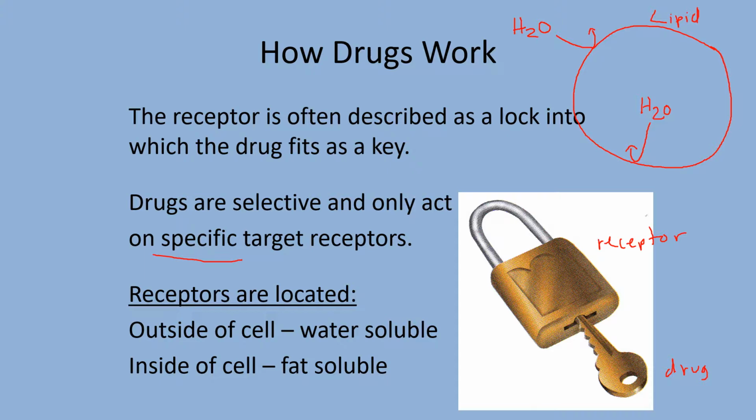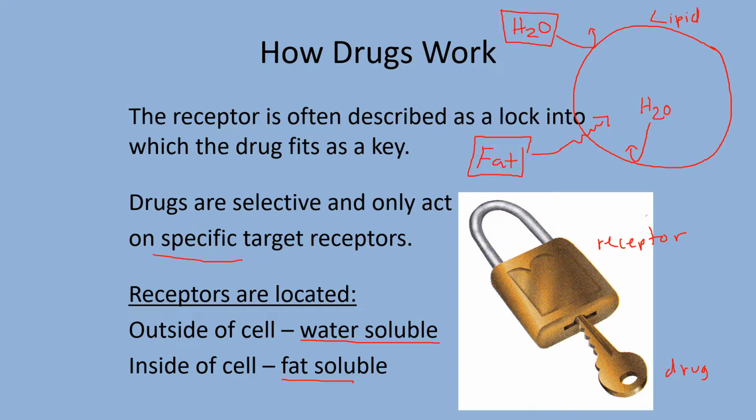So on the outside are water-soluble drugs, because if I'm water-soluble, I cannot pass through the cell membrane, because the cell membrane is made out of fat. Conversely, if I am a fat-based molecule, like dissolves like, I can wiggle my way into the cell easily.